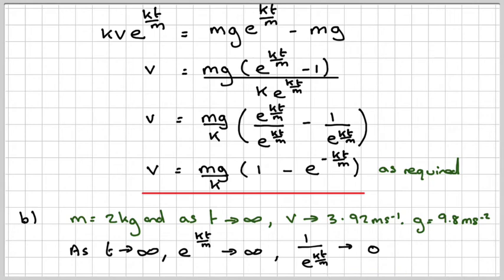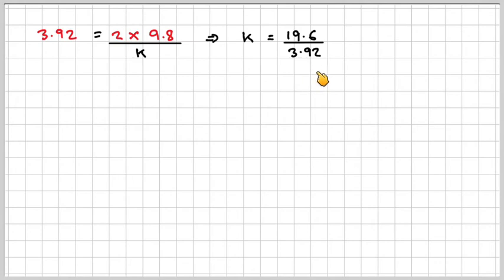So v will tend towards mg over k. Putting in our values, 3.92 is 2 times 9.8 divided by k, which gives k is 19.6 divided by 3.92, so k is 5.